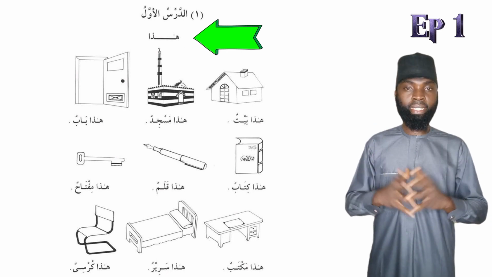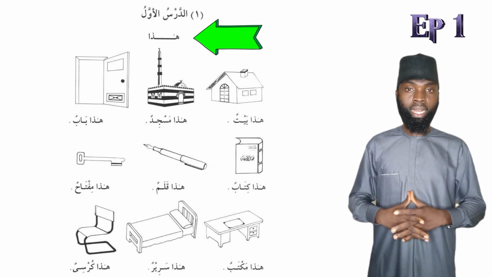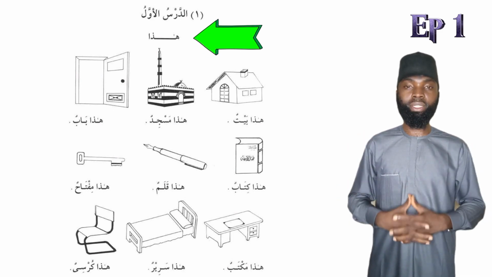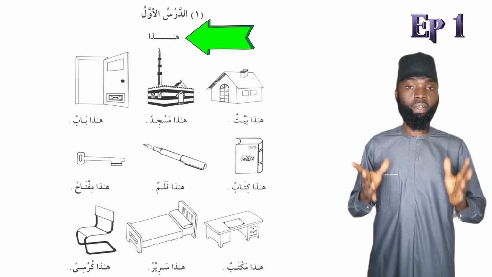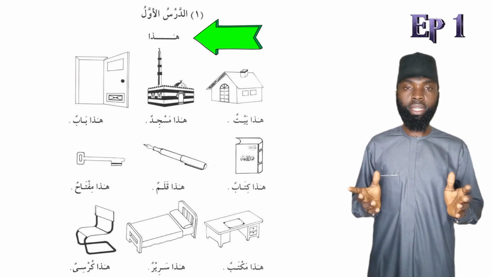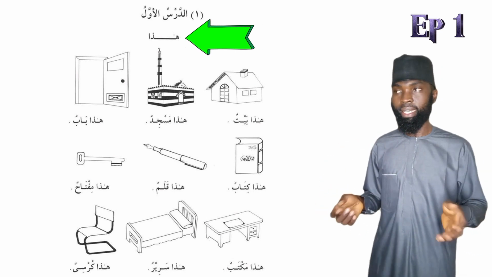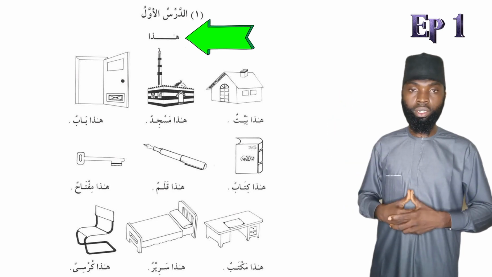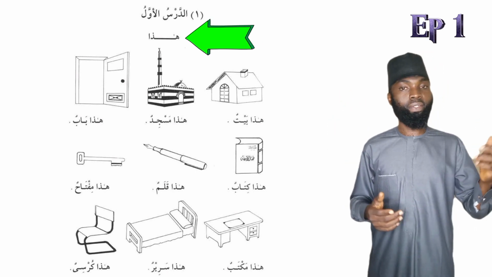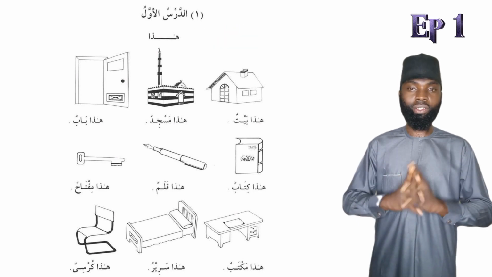The word this falls under the demonstrative pronouns, and we all know that we have different types of demonstrative pronouns in terms of proximity, nearness and farness. Like we have these for objects that are closer to us, and that for those that are far. We ask Allah subhanahu wa ta'ala to grant us understanding.